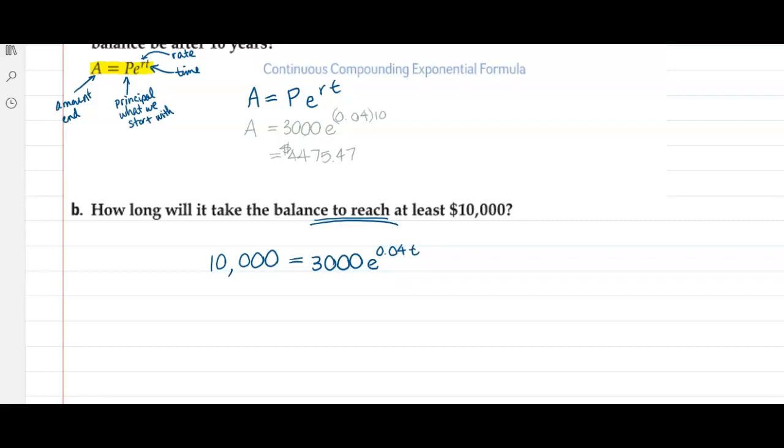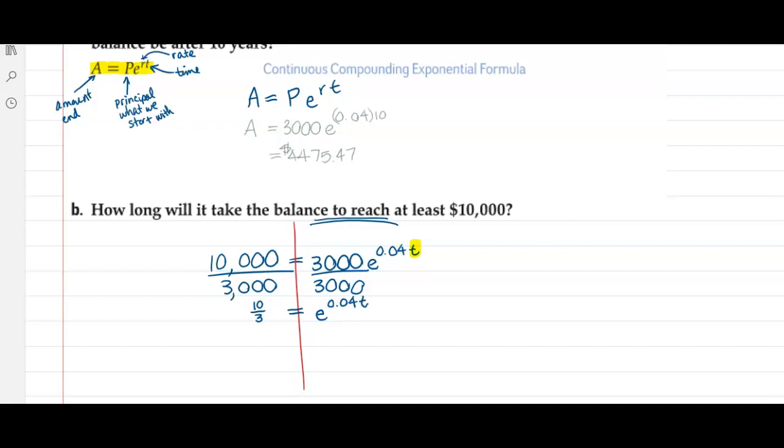So now when you think about solving this, it's going to be a little bit more challenging because our variable is our exponent, and it's not isolated yet. So the first thing we need to do is divide by 3,000 on both sides. So here I have 10 over 3, so it would reduce, equals e to the 0.04t.